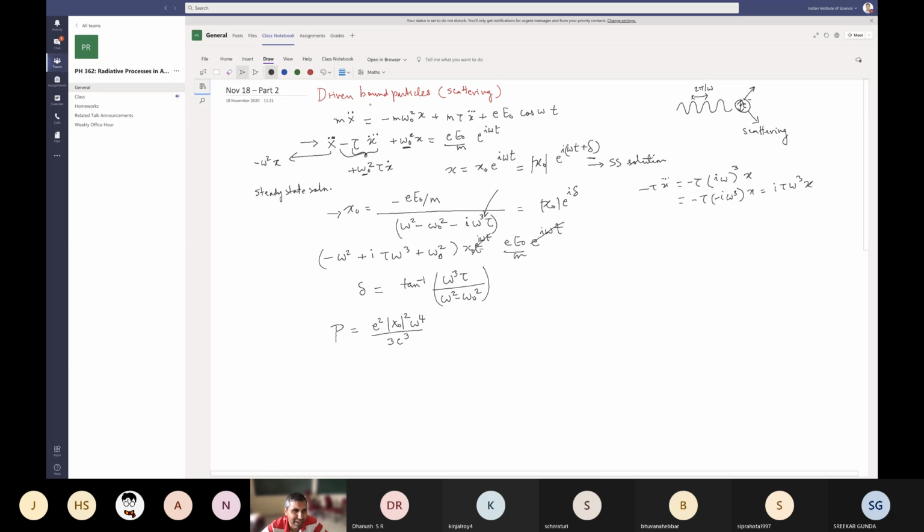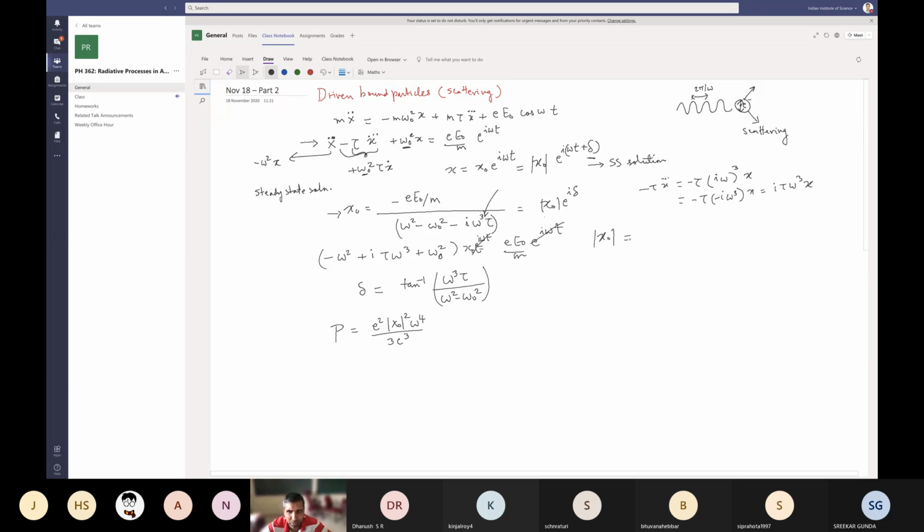But anyway, this is like a standard driven oscillator. So this is your power formula, and if we plug in our x naught from here, what is it? What is our x naught amplitude? This is the full complex number.